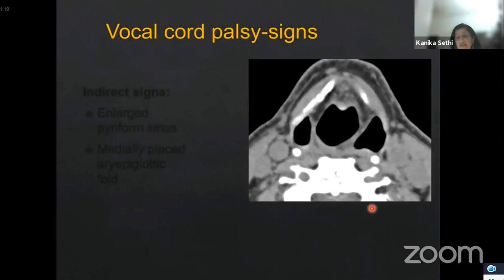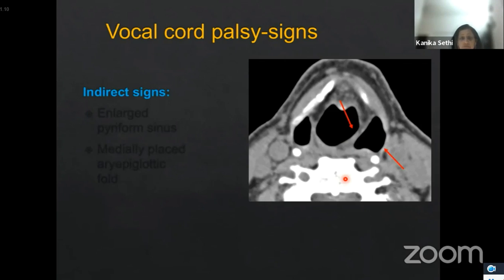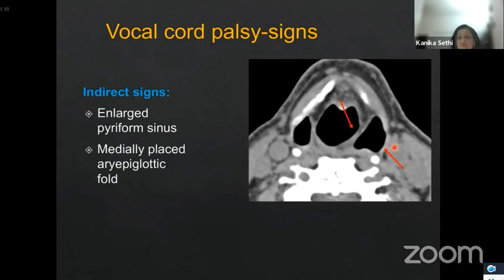There are certain indirect signs, and in most patients you don't see all the signs. You can look for the indirect signs. That is an enlarged pyriform sinus. If you compare both pyriform sinuses, the left side pyriform sinus is enlarged compared to the right side. So this is an indirect sign, and you will have a medially positioned aryepiglottic fold.